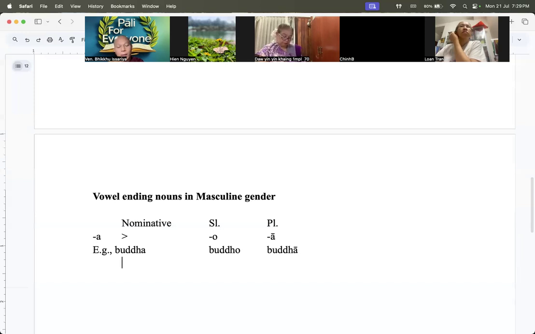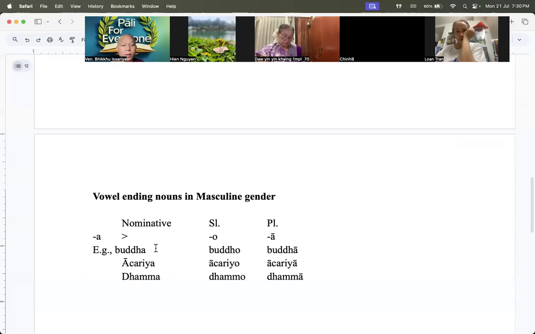Another word like ācariyo, and then ācariyā, and also dhammo, and dhammā, this way.